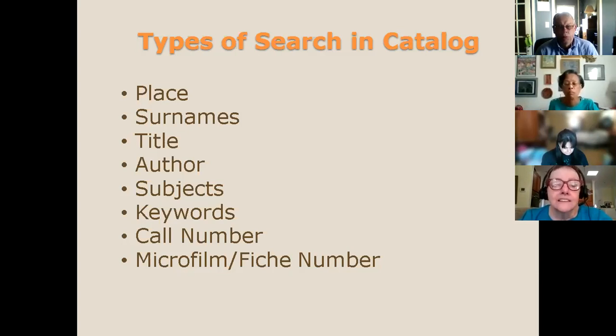You've got place, surnames, title, author, subjects, keywords, call number, and microfilm and fiche. Keywords is the most flexible search, and that's the one that technology has really allowed us to utilize better than we could in the days of the card catalog.